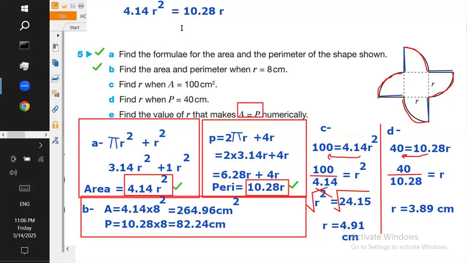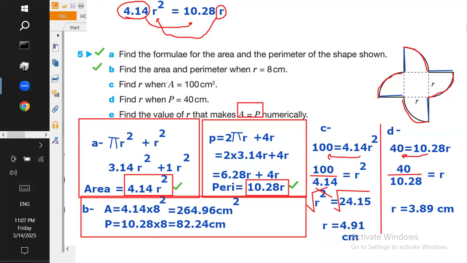Now you have to rearrange to find the value of r. That's the whole idea. So basically, to rearrange, what do I do? I want to take the r's to one side and the numbers to the other side. This one is multiplied, so I'm going to take it by dividing here. And this one is multiplied, so I'm going to take it to the other side by dividing here. So it will look like this.